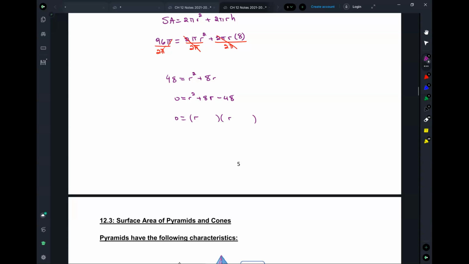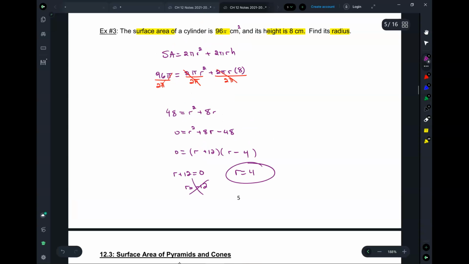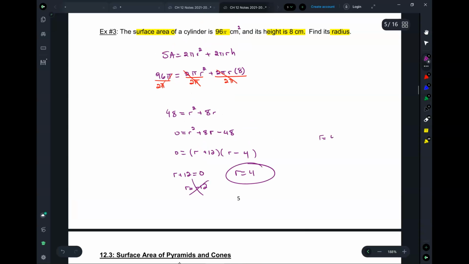What are the factors of 48? 12 and 4 it is. Plus 12, minus 4. So, r plus 12 equals 0. r equals negative 12 doesn't work, but r equals 4 certainly does work. So, it's 4 centimeters. Okay?